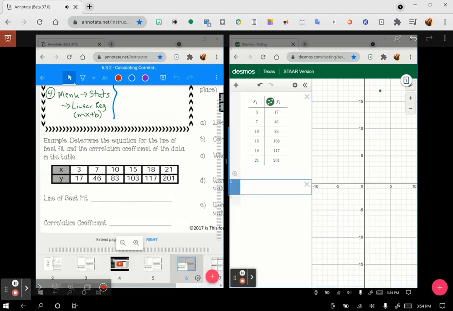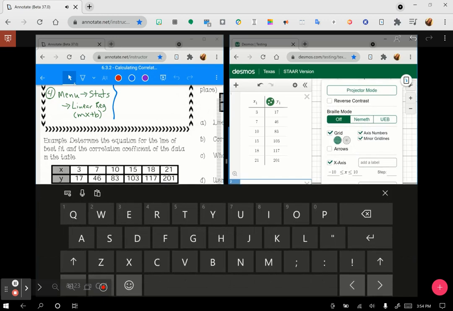So if you'll notice, we can't really see our dots because I need my window to be different so I can see all my points on here. So I'm going to change my settings on the Desmos graph. Notice that my x's start at 3 and go to 21.